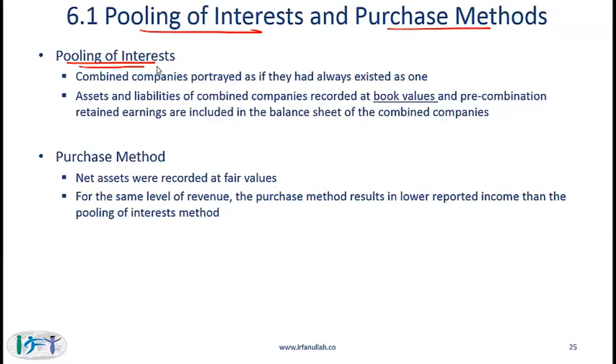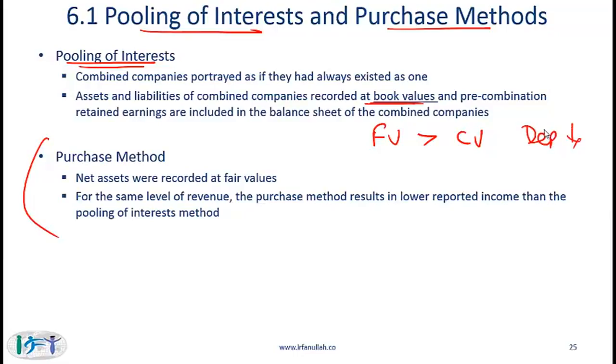Under the pooling of interests method, the combined company is portrayed as if it had always existed as one. In other words, the assets and liabilities of the combined company are recorded at book values, and pre-combination retained earnings are included in the balance sheet of the combined companies. Since fair value is generally greater than carrying value or book value, what this approach means is that assets will be shown at a relatively low value compared to, say, the purchase method, which means that depreciation expense will be relatively low.